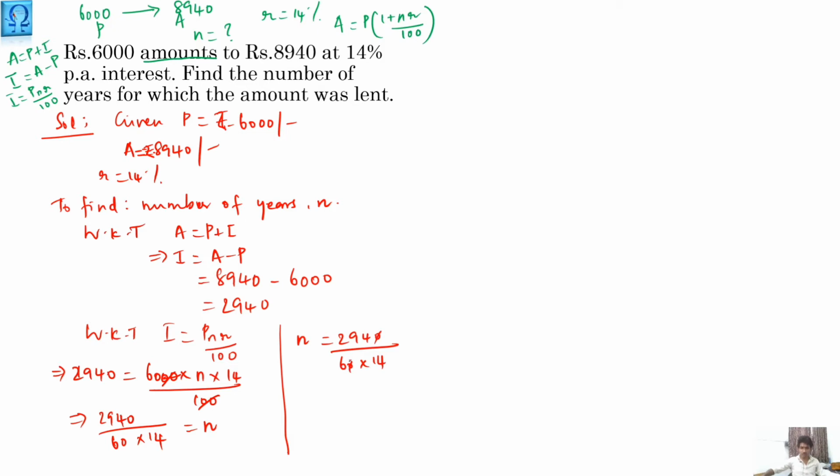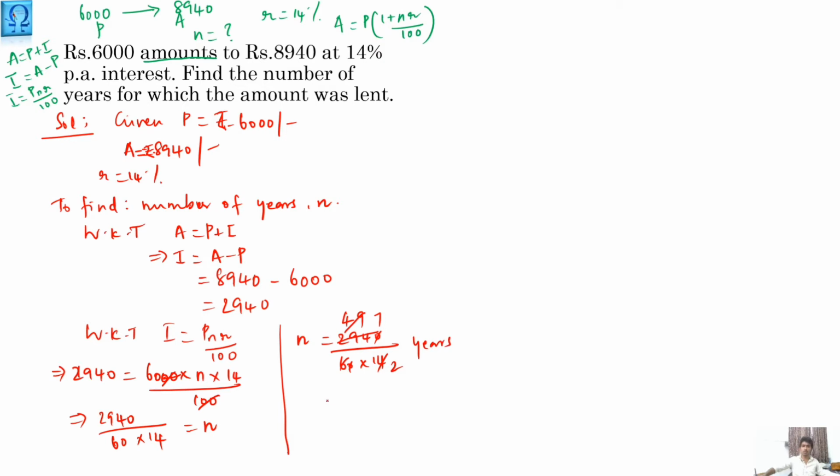This gets cancelled, and when we cancel these things, what are we going to get? Let me try with the sixth table itself. So 4, will I get it? Yeah, 49 is what I am getting. So when I cancel it with the help of the 7th table, I get 7 upon 2 years.